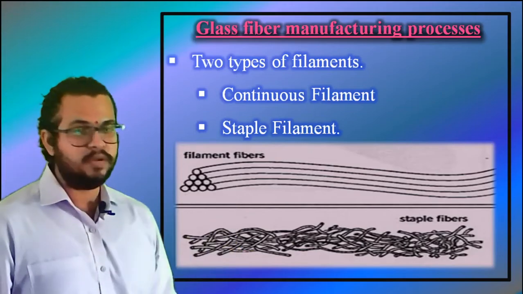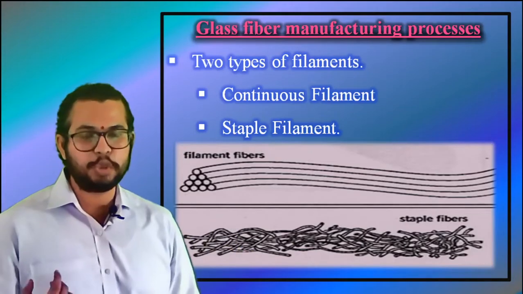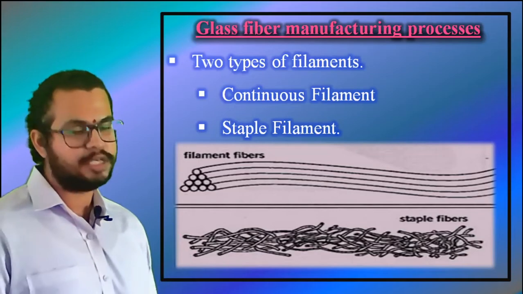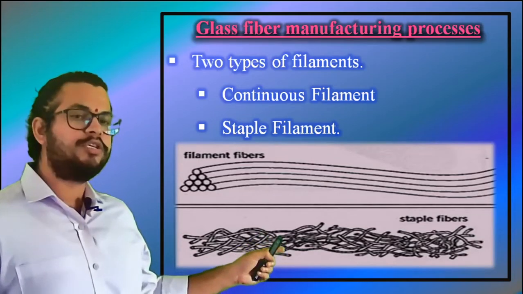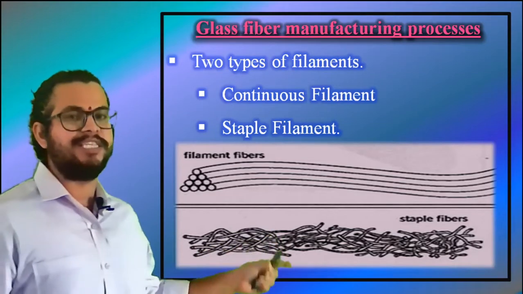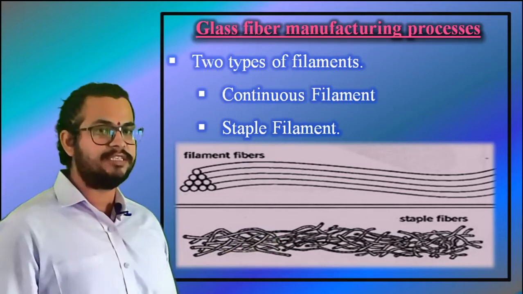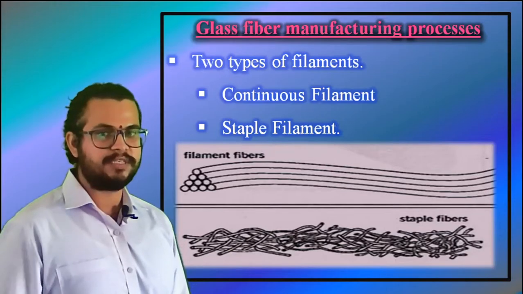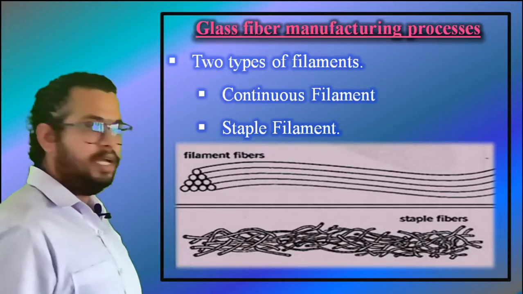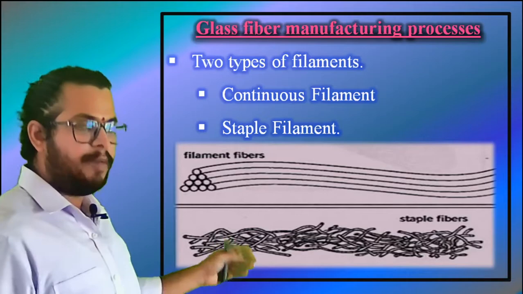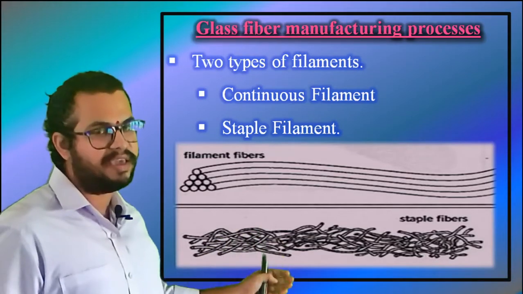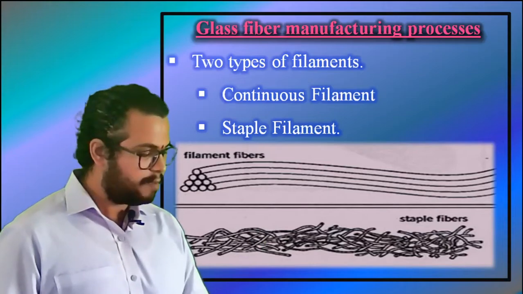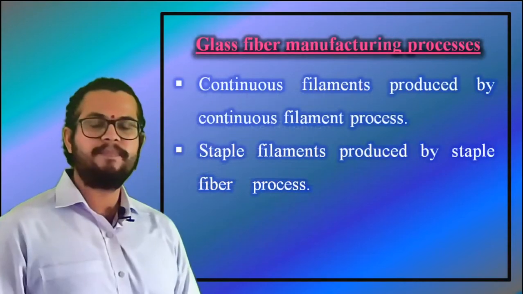The upper portion of the image showcases continuous filament fibers, and the bottom portion shows the staple filament fibers. Okay, I hope you got a minimal idea about how these two types of filaments look in a real scenario. Now let's move on ahead.